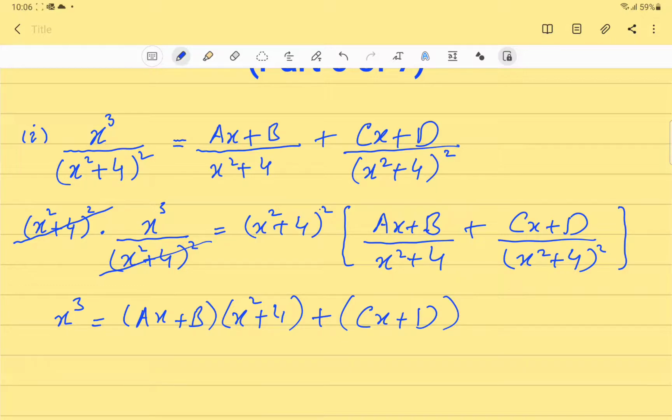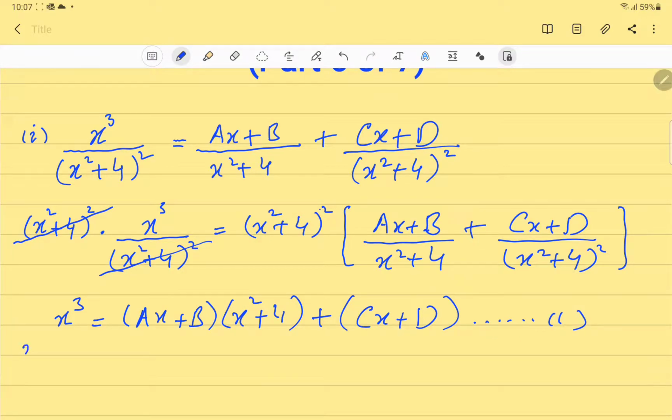Now, since we don't have any linear factor in the denominator of this algebraic fraction, we cannot assume values of x in this equation number 1 and find the values of the constants a, b and c. So for this purpose we have to solve this equation and compare the coefficients of different degrees of x on both sides.